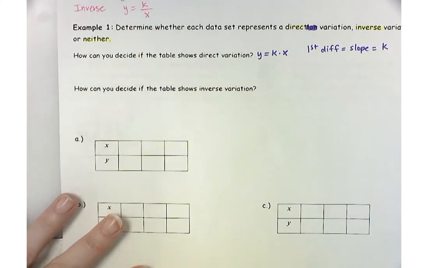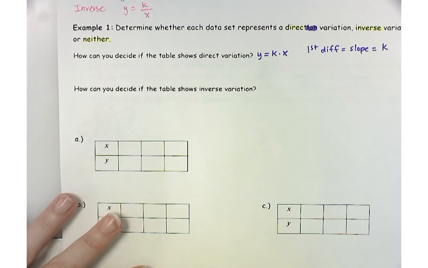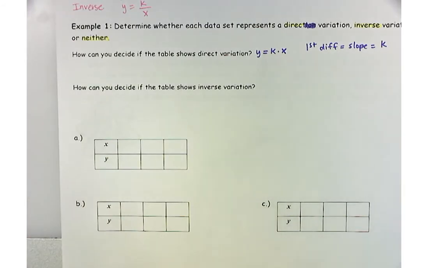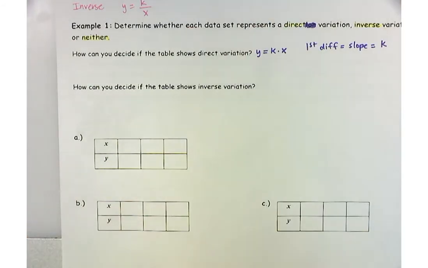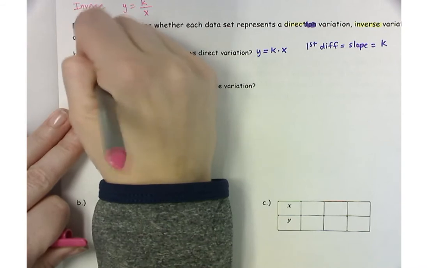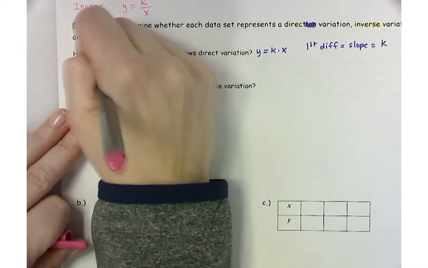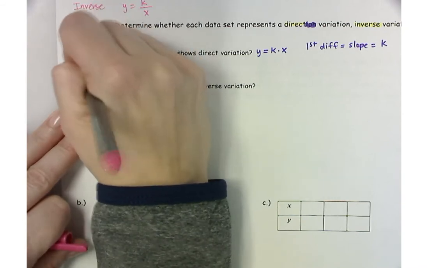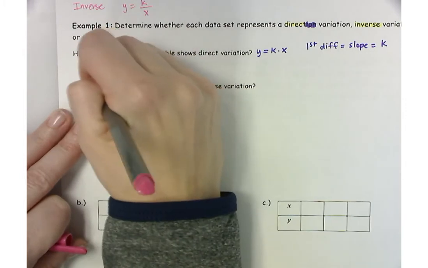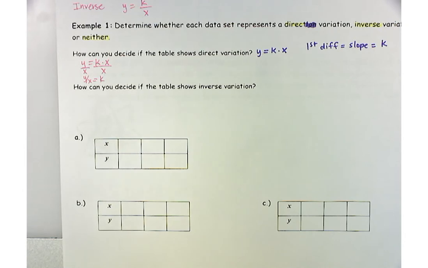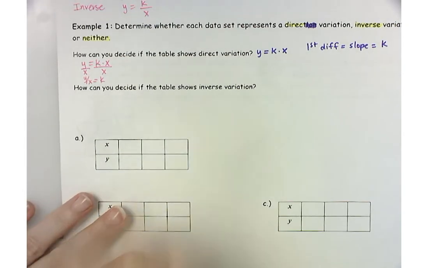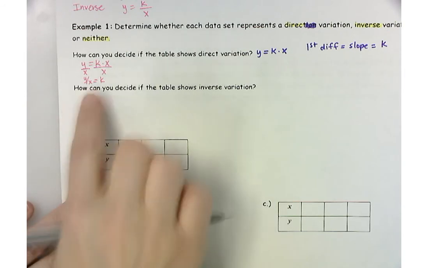So if you have y equals k times x, you divide both sides by x, then k would be y over x. All right, if we're finding y over x and those have to be constant, what would we call y over x? Yeah, good, a ratio. Okay, the comparison of your two values.